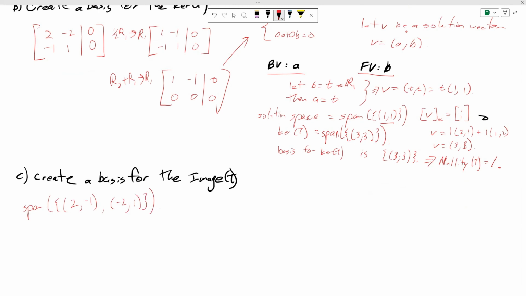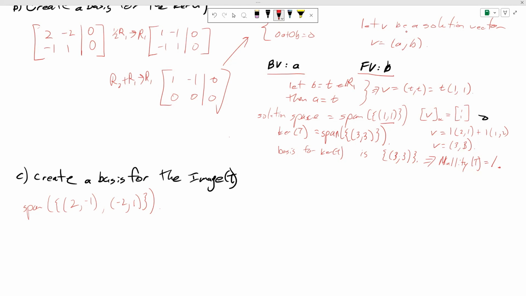And from our homework assignment two weeks ago, when we had a set of vectors and wanted to make a basis out of them, we created a system of equations where we add these vectors together. Then for any free variable, we remove the vectors that correspond to our free variables, and the resulting set is a basis. Well, when we create that linear system of equations, we get the same augmented matrix. So our free variable B corresponds to the vector (-2, 1).